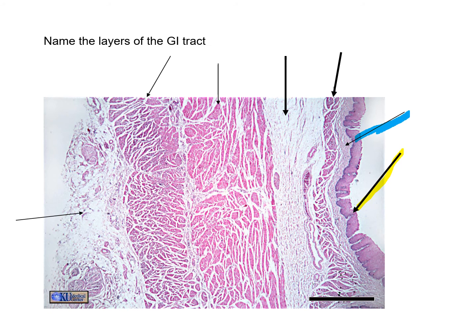What about this layer? The muscularis. The muscularis, which one? Mucosae. Now, what about this layer in green? Submucosa. That's the submucosa. Correct. And then these two are considered to be what layer?